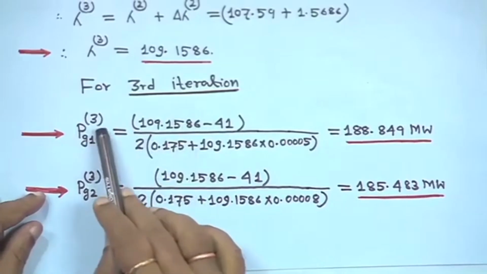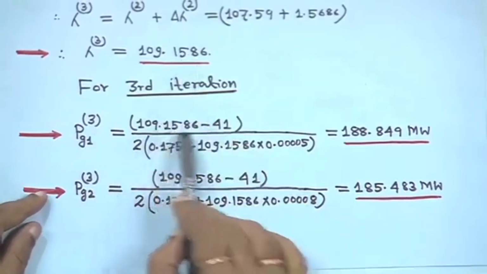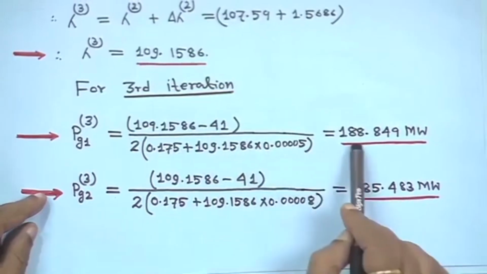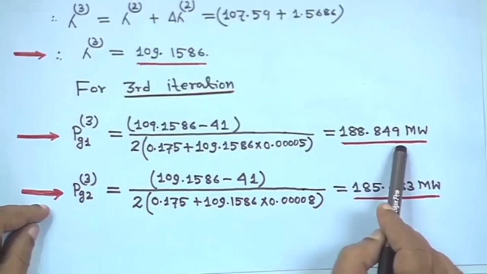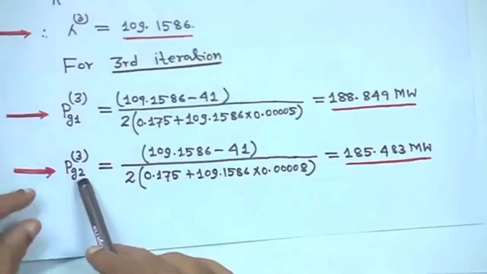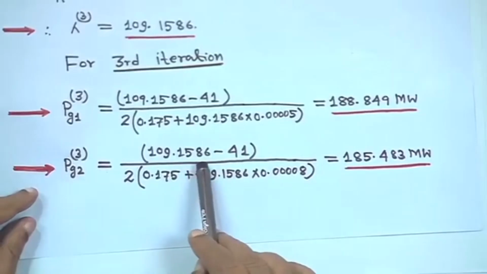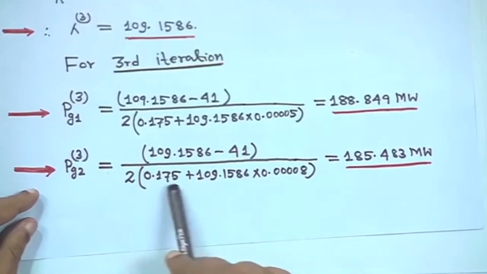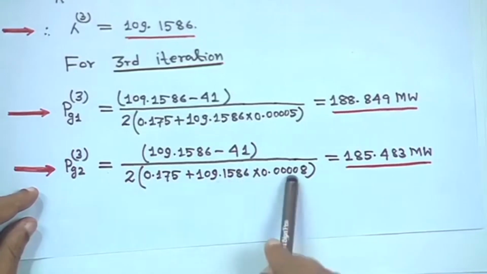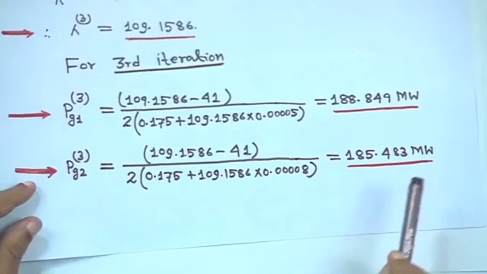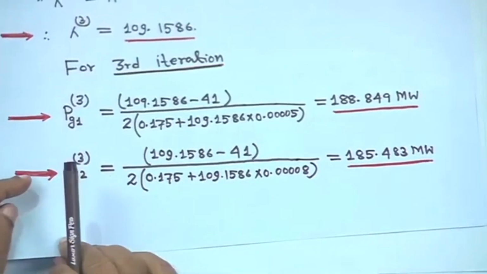For the third iteration, again you calculate using the same formula. Pg1 at the third iteration is the lambda value minus 41, divided by 2 into the parameters, and you will get 188.849 megawatt by just substituting. Pg2 at the third iteration is also 109.1586 minus 41 divided by 2 into the parameters, and you will get 185.483.